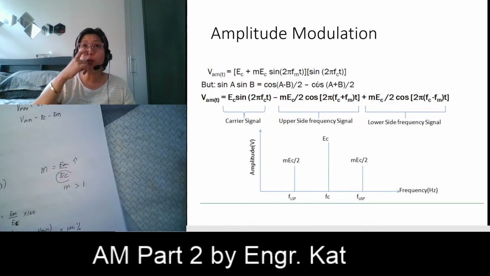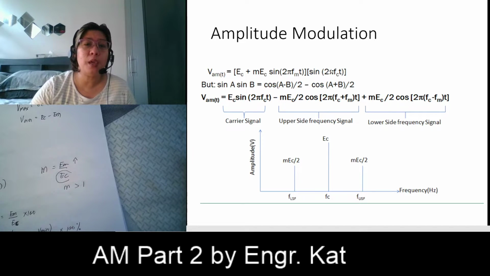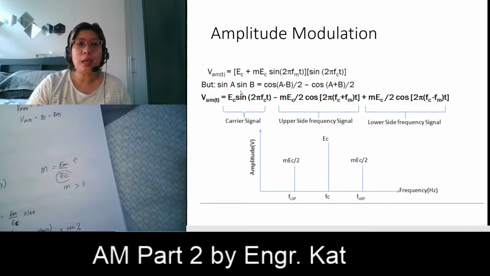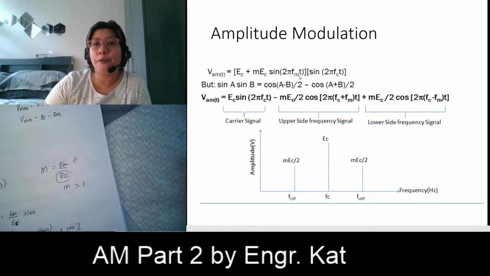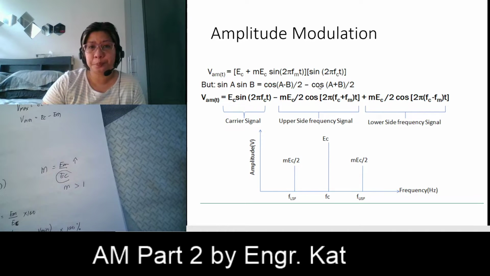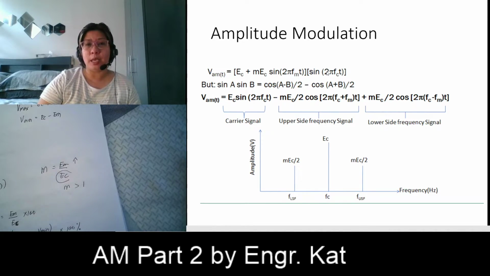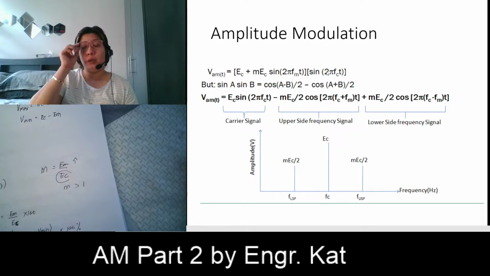If you're going to recall your trigonometric identity, we have here sine A times sine B. So what is your A and B here? Your A here is your FM and your B here is your FC, or vice versa.